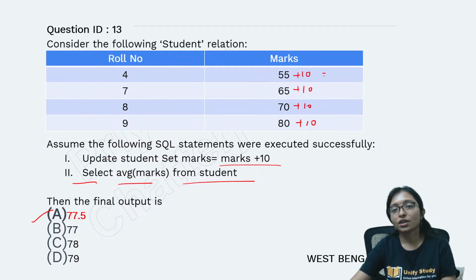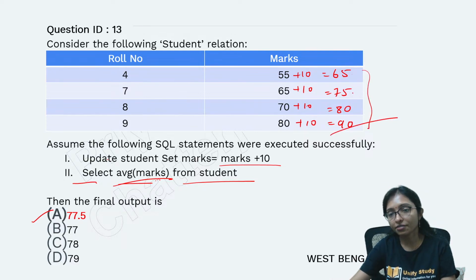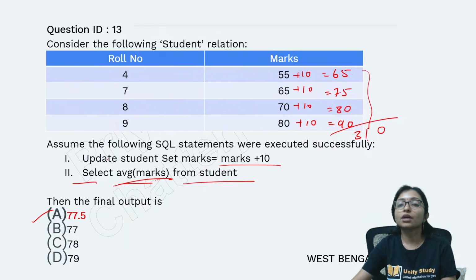First add 10. You are getting here 65, 75, 80, 90. After that you are doing the average, that you are going to show as output. What is the total here? 5, 5, 10. Now 9, 10, 18. After that 18, then 19, 20, 25, 30, 31, 310.